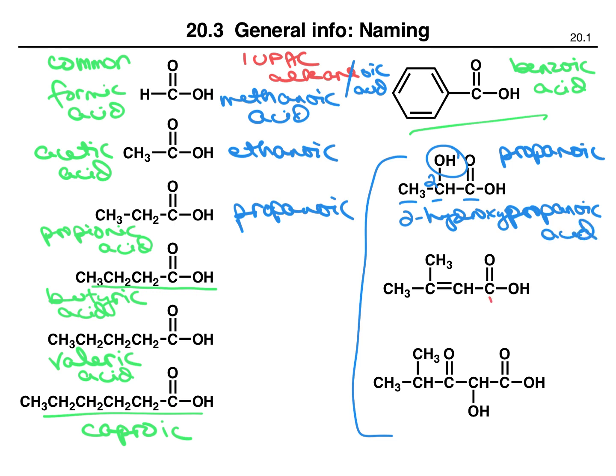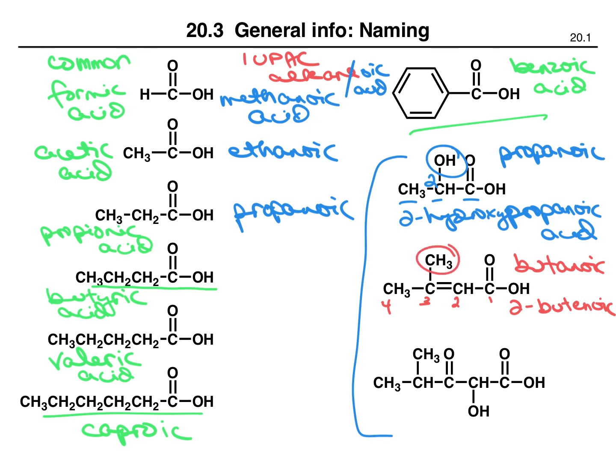Here we have 1, 2, 3, 4, so butanoic is the base name. But we have an alkene between carbons 2 and 3, so that would make it 2-butenoic acid.